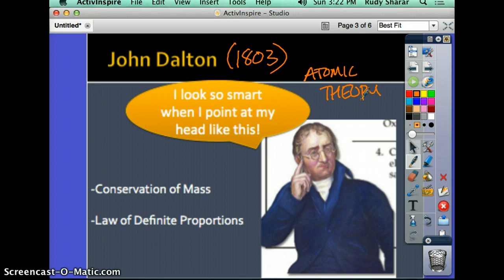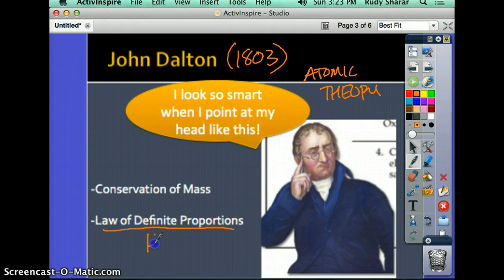So, for example, the main component of atomic theory that Dalton proposed was all matter is made of atoms. These discrete particles, these fundamental particles, every piece of matter is made of atoms. And that different compounds follow the law of definite proportions, which is the idea that any compound always has the same ratio of elements in it.